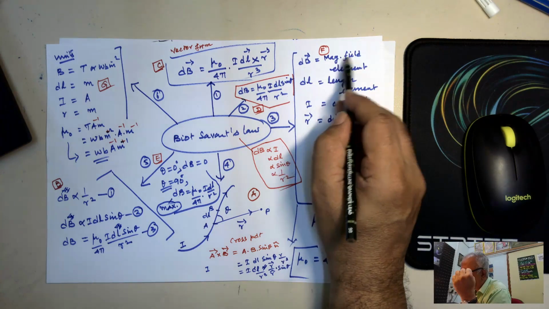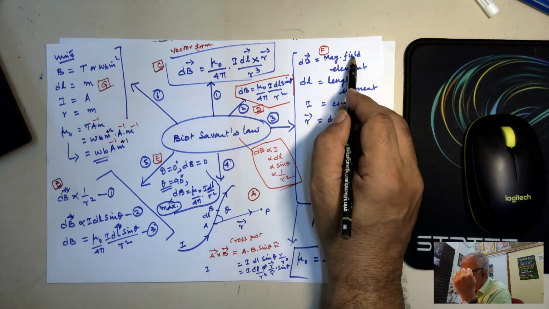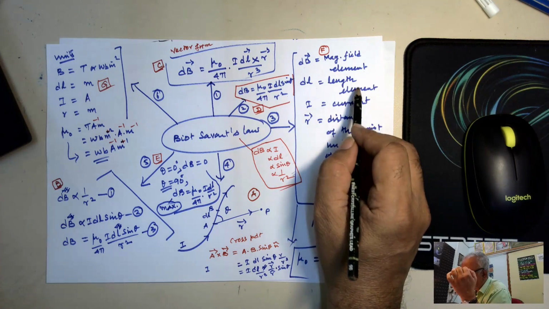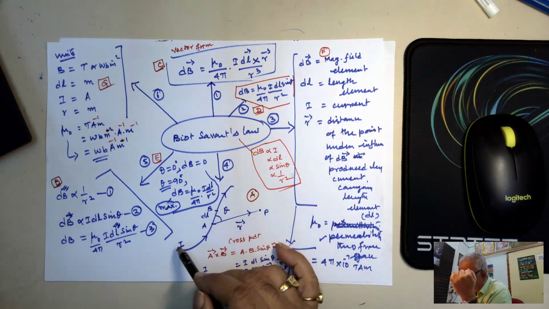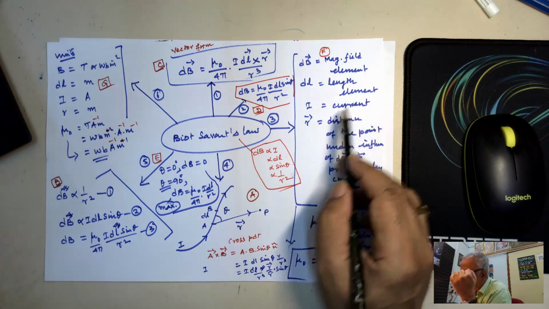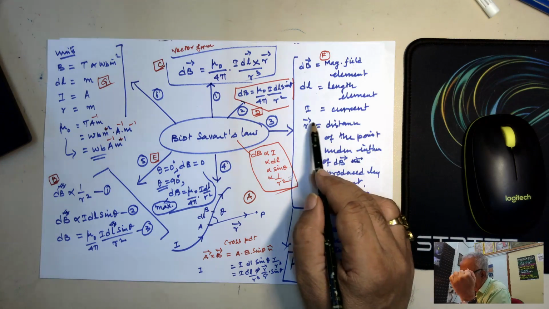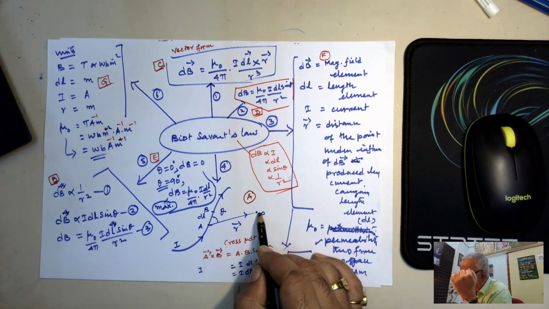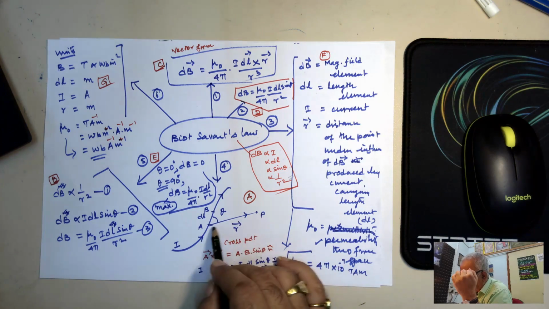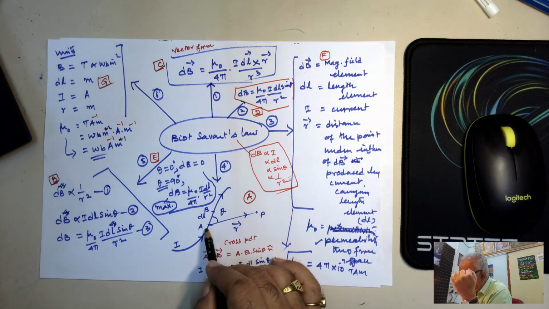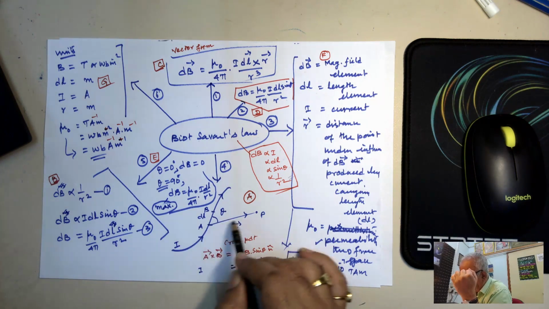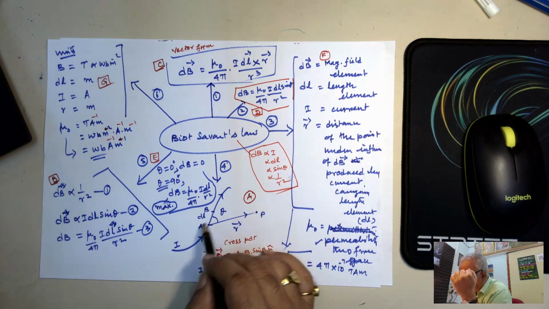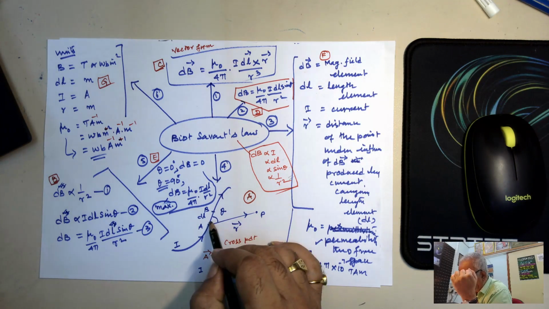So here dB is the magnetic field element, dl is the smallest length element, I is the current passing through this conductor, and r as a vector is the distance between the point P, that is under the influence of the magnetic field created by the current carrying conductor, and the direction of the current or the conductor.